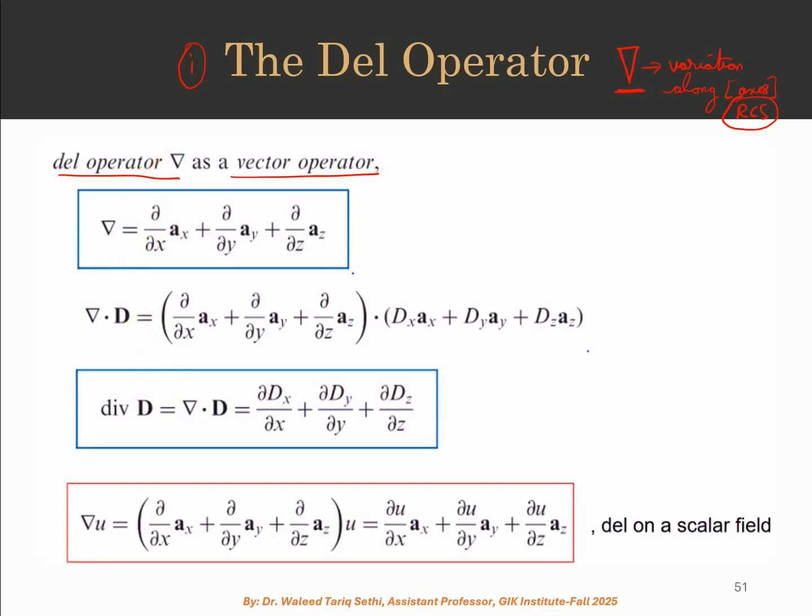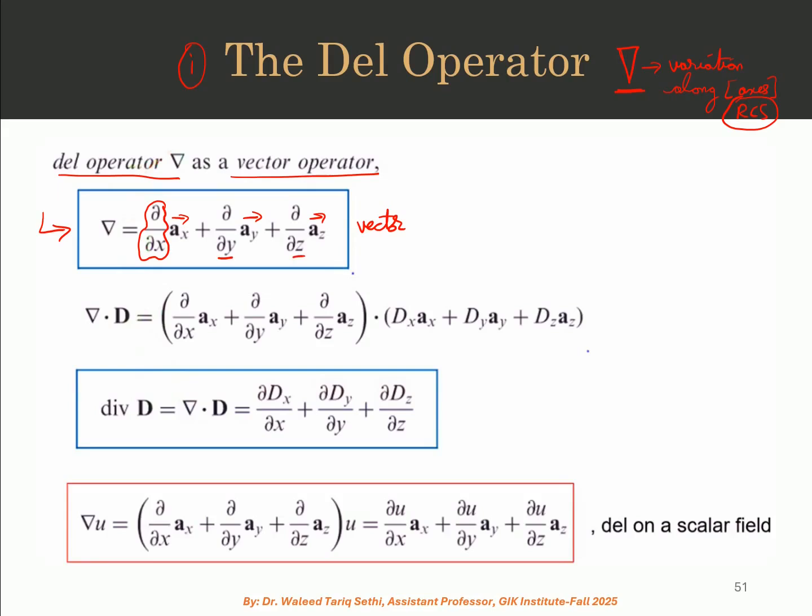The del operator is mathematically represented as such, and you can see that it is a vector quantity. How can we know it's a vector quantity? Because it has the unit vectors ax, ay and az, and the remaining elements are the variations along the x-axis, the y-axis and the z-axis.